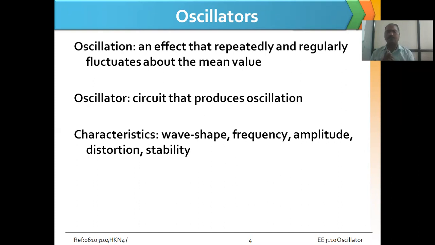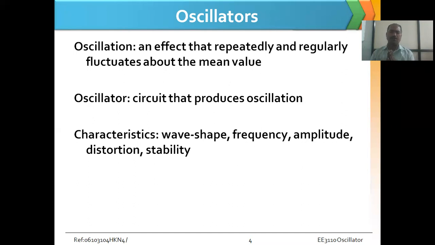So oscillation means repetition of a particular thing, either the positive half cycle or negative half cycle, and that should be regular. Regular change in the positive or negative, or anything that changes frequently but regularly, is oscillation. Examples of oscillatory signals are the sine wave, square wave and triangular wave.